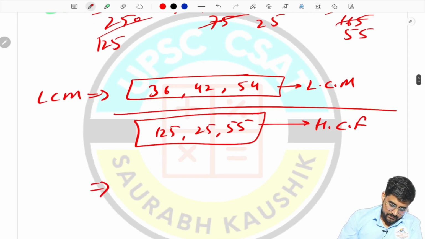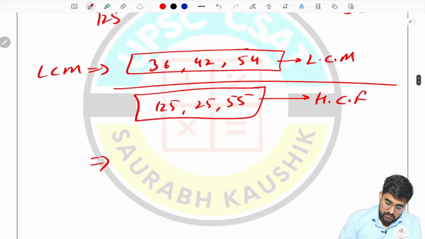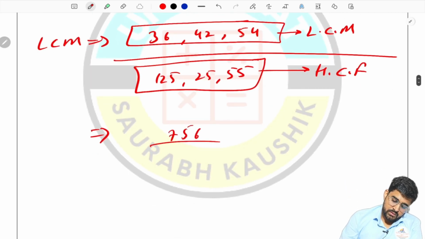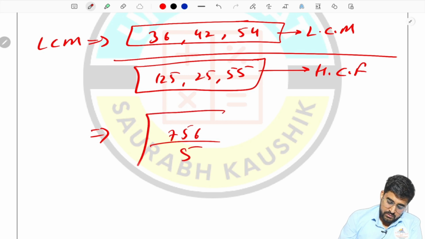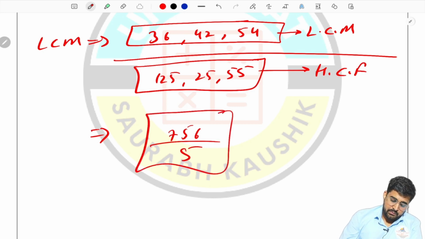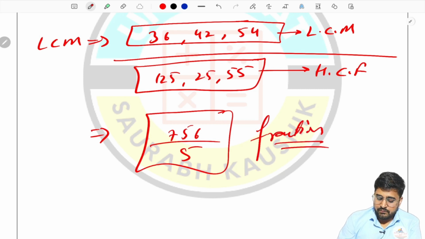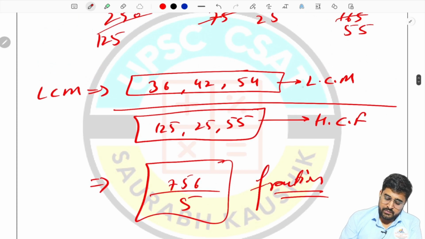Now let's do this. So the LCM will come, okay, and at the denominator what will come? 5. So for these numbers the fraction will be 756 by 5.